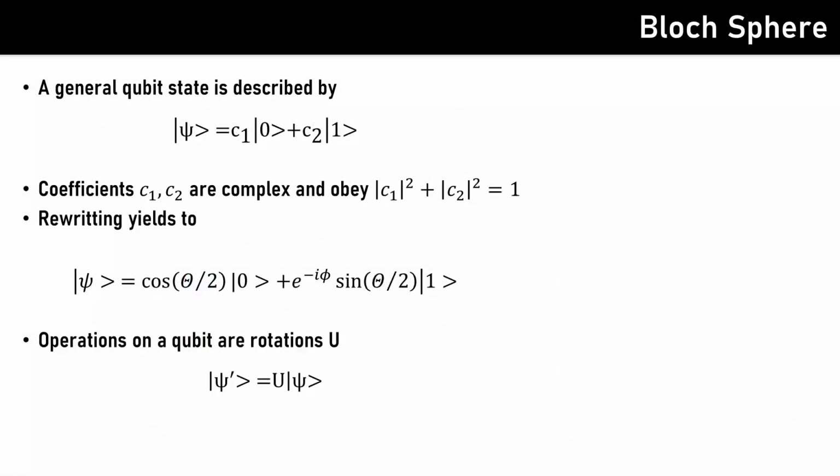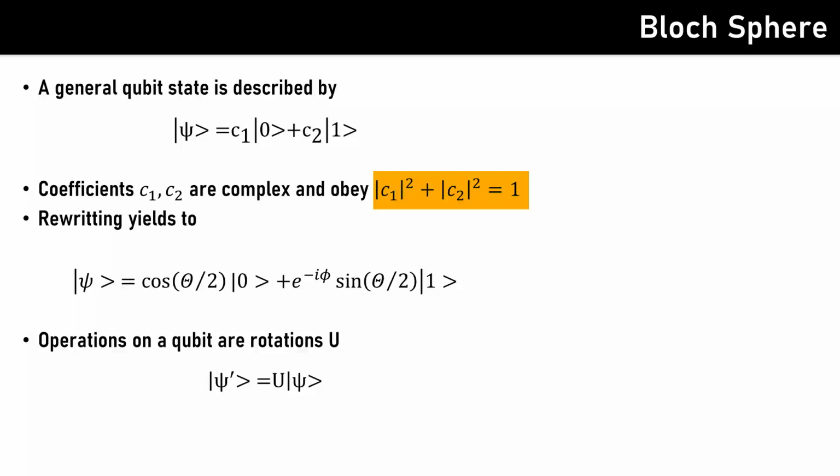Again, the qubit state psi is given by the linear combination of ket 0 and ket 1 with complex coefficients C1 and C2. And because of the probabilistic nature of quantum physics, state vectors are normalized, meaning that the sum of |C1| squared and |C2| squared equals 1.